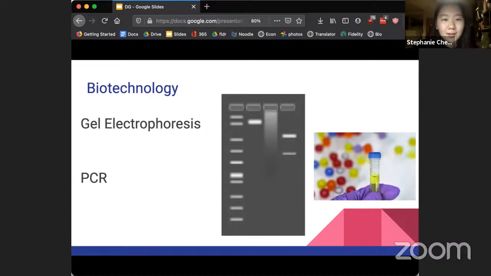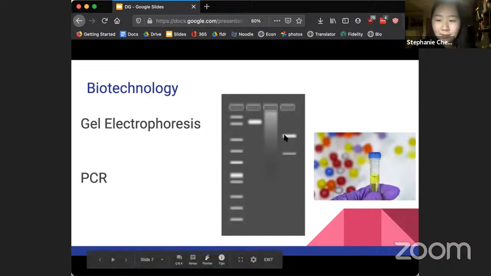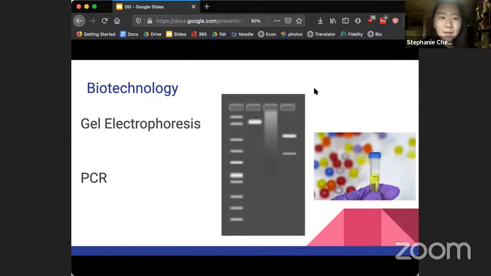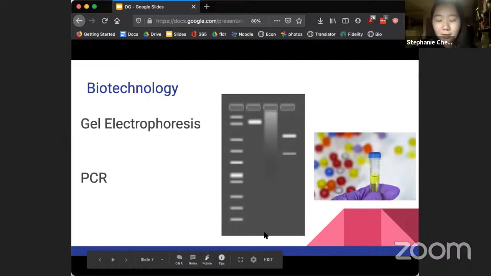So gel electrophoresis is basically a tool used to separate DNA fragments based on size. And it basically relies on DNA molecules having this innate negative charge, where they're filled into these wells at the top that are negatively charged, and at the bottom there's a positively charged cathode.